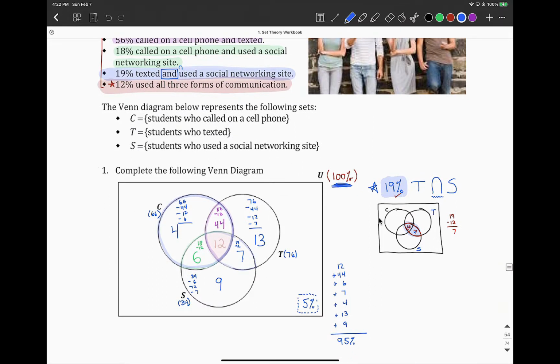And we could ask any amount of questions about this diagram. We could ask about intersections, we could ask about unions, we could ask about complements.